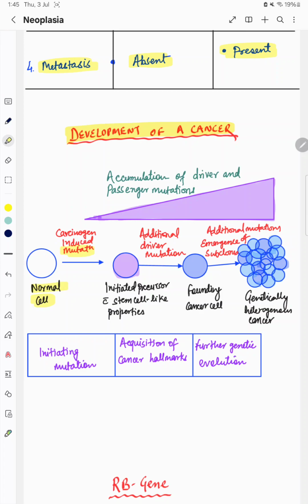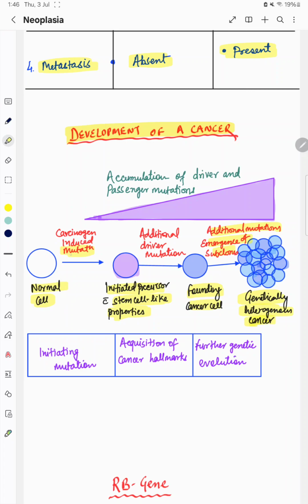After the exposure, this normal cell becomes an initiated precursor with stem cell-like property. After additional driver mutation, this cell is converted into a founding cancer cell with additional mutation and emergence of subclones. This founding cancer cell can give rise to a genetically heterogeneous cancer.